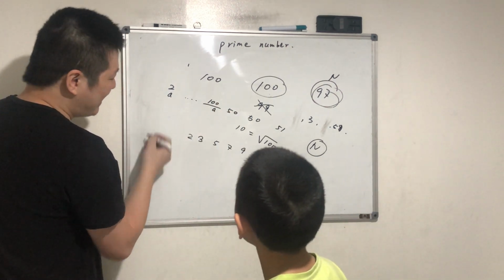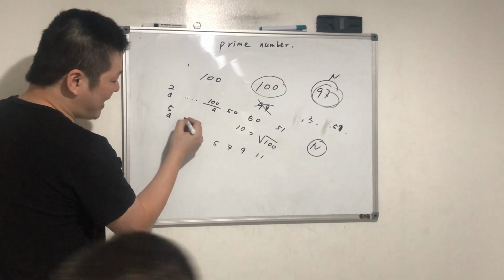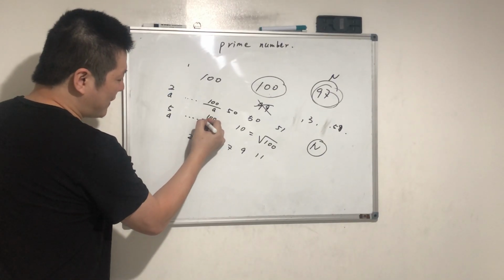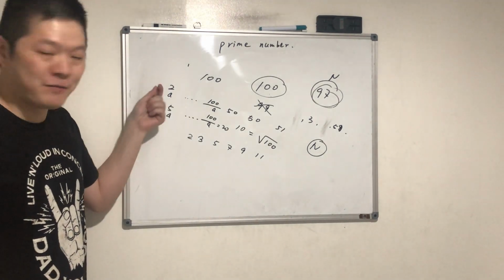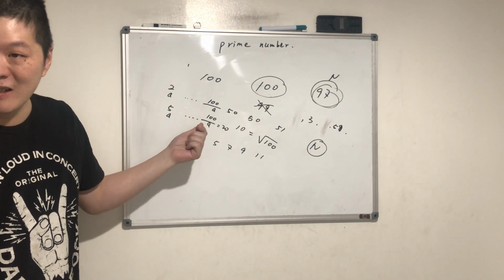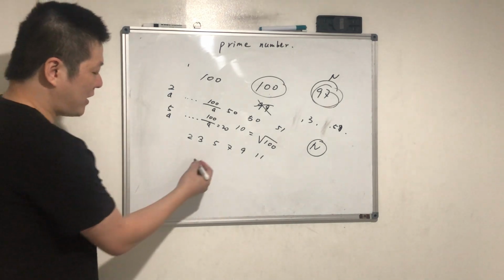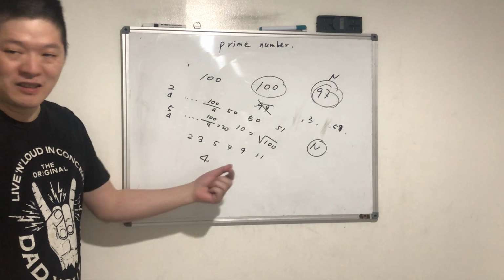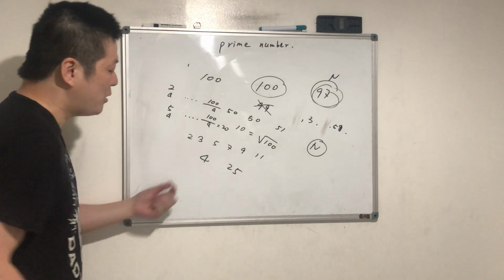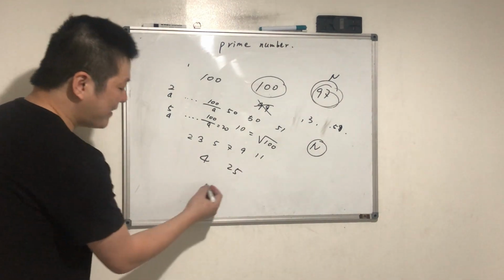If it is 5, this is A, there must be 100 divided by A, which is 20. So you always come with a pair if it can be divided. 4, what's the other pair? 25. You see? So you always come with a pair until 10.